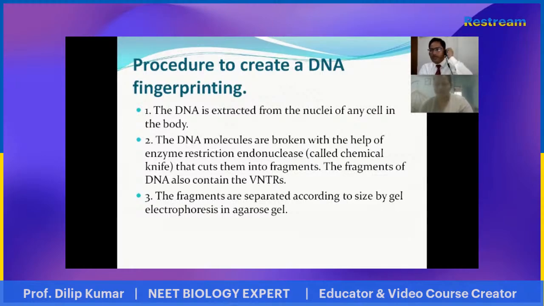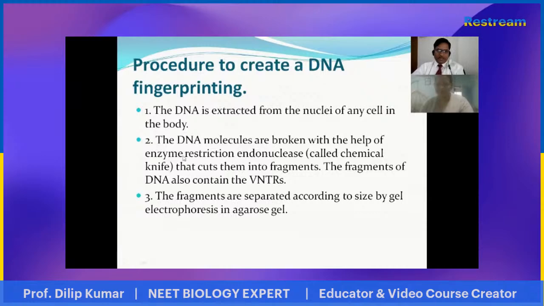A washing procedure is carried out, because when we obtain DNA from the nucleus, it has some impurities like nucleoplasm, ribosomes, and cytoplasm, and it can't be used directly for the DNA fingerprint. For washing, we use a hydrolyzing enzyme, alkaline phosphatase, which is used for DNA washing.